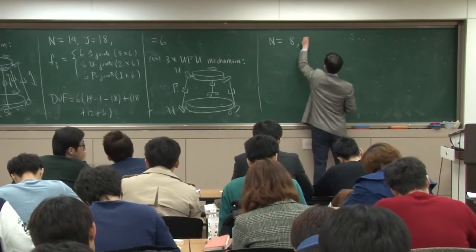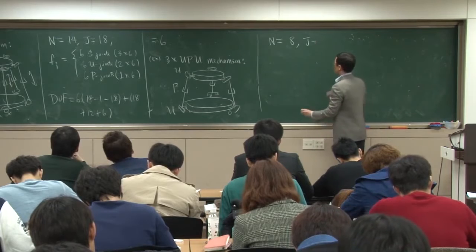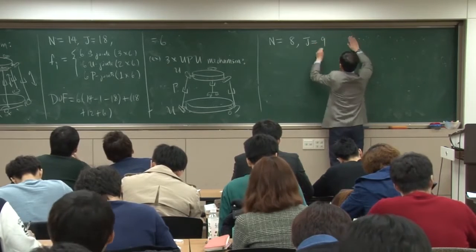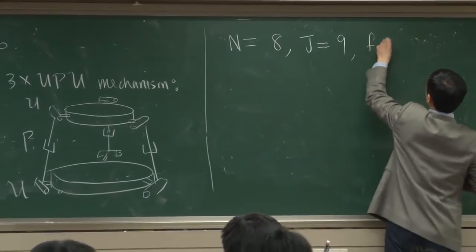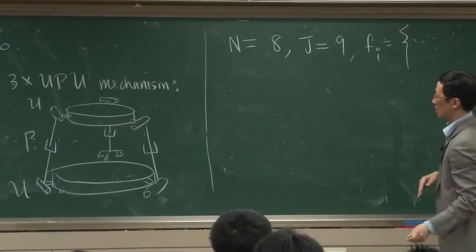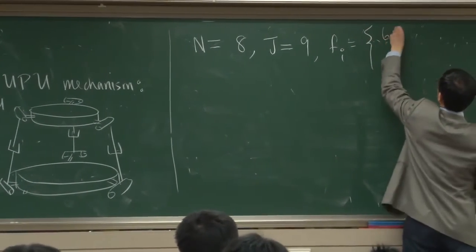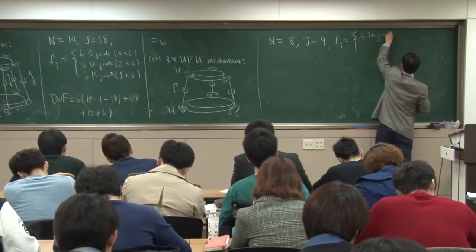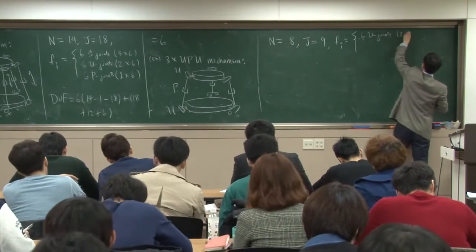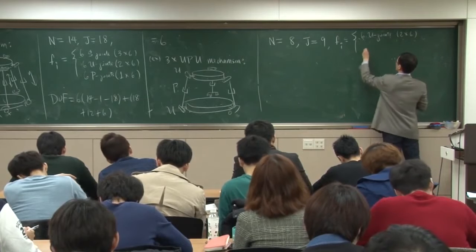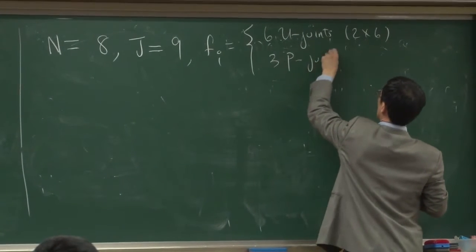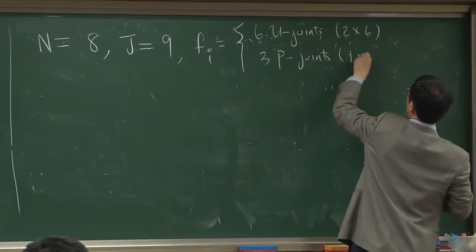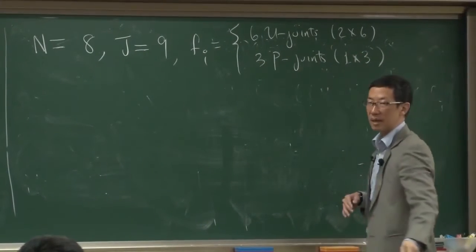So 8. Number of joints is 9. And for degrees of freedom, we have 6 U joints, so it's 2 by 6, and 3 P joints, so it's 1 by 3.